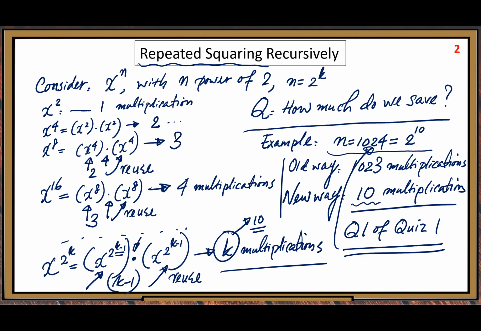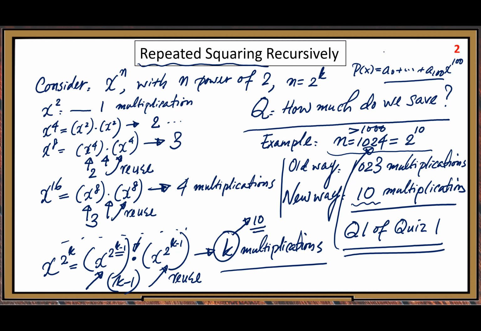Think about a polynomial a0 plus through a100 x to the 100.